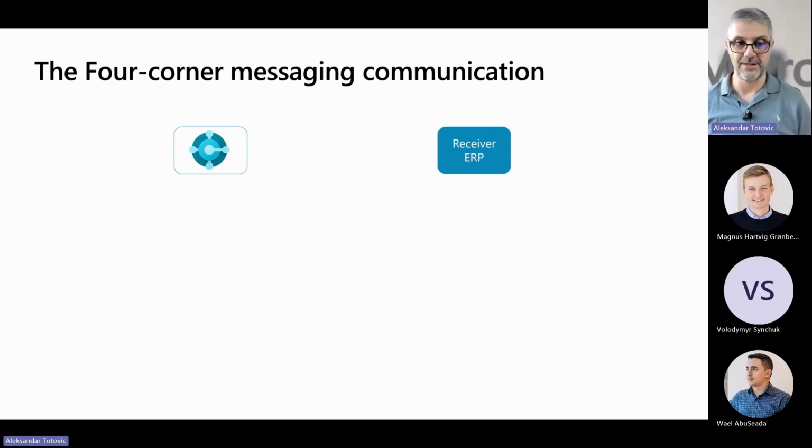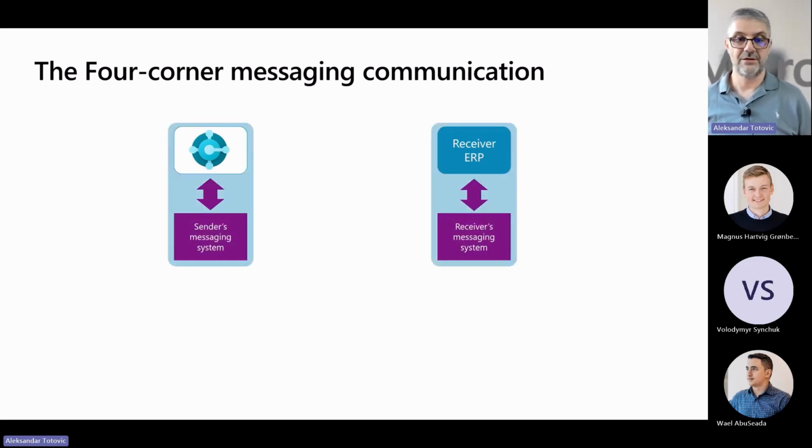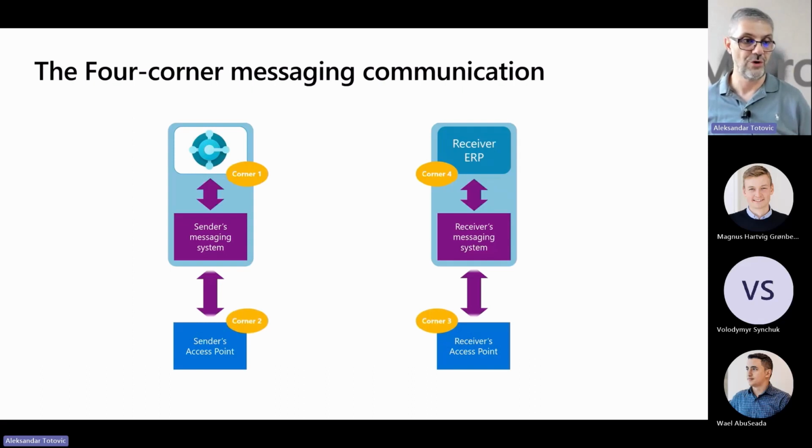This is the receiver ERP on this chart. First, you as a sender are corner 1 and your customer as a receiver is corner 4. It is expected that we have both of our electronic document messaging systems inside ERP solutions. But then moving forward, we have access points at corner 2 and corner 3.